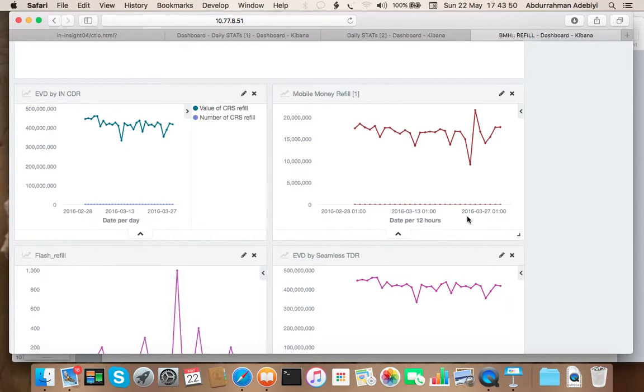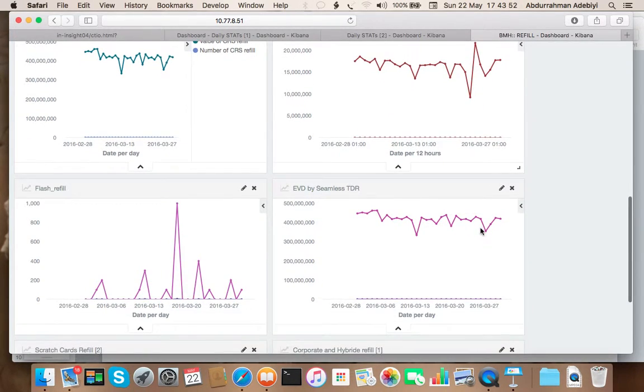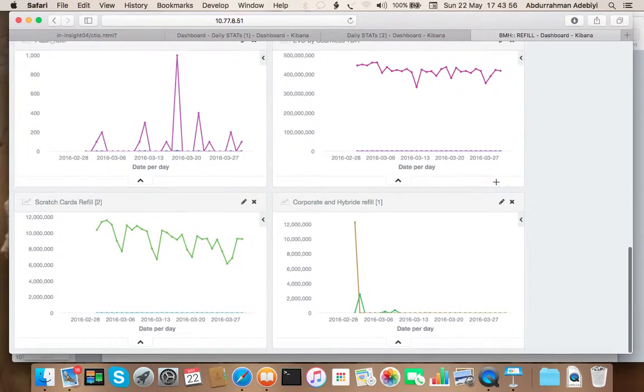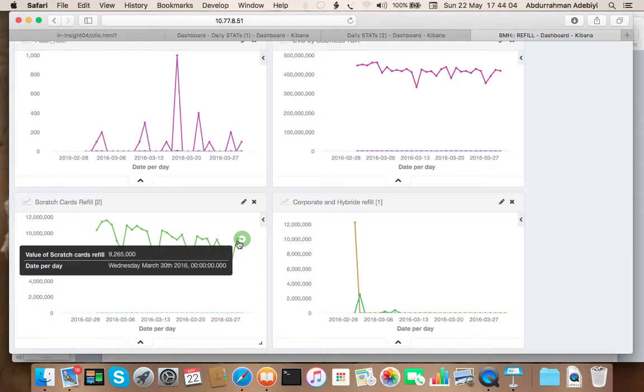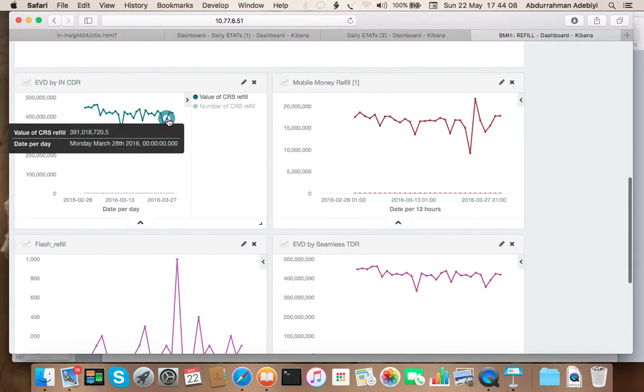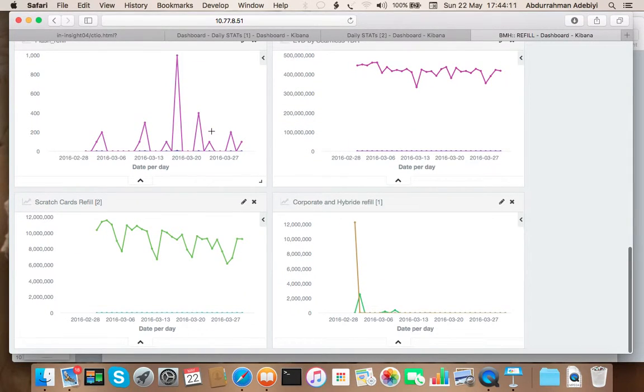Awareness is being spread, so hopefully we should expect more growth there. However, scratch card refills have declined from February to March, which could also mean more adoption of electronic voucher refills. Interesting.